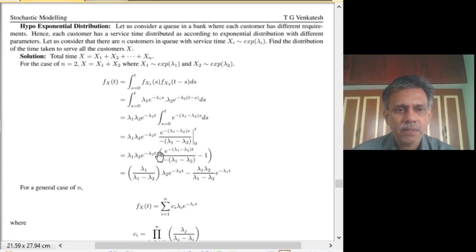Now if you multiply e power of minus lambda 2 t with this one, you will get this form. You can easily see, if you multiply it by 1, we will get lambda 1 lambda 2 e power of minus lambda 1 t.